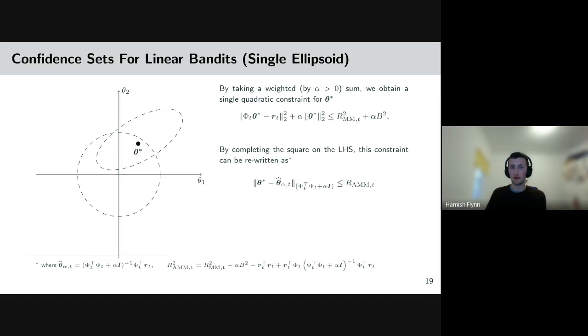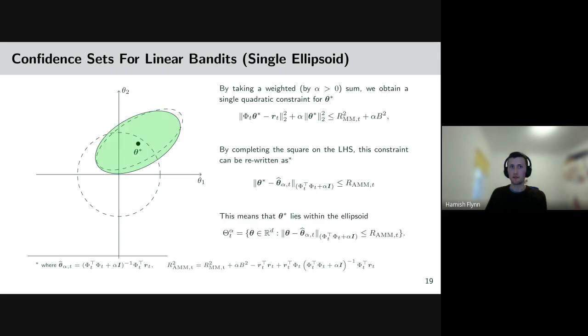By completing the square on the left-hand side, we can rewrite this as a bound on the weighted distance between theta star and the regularized least squares estimate, this theta hat alpha t. There's now a different radius quantity, RAMM t, on the right-hand side, which is defined below, but we'll come back to it later anyway, so I wouldn't worry too much about the definition for now.